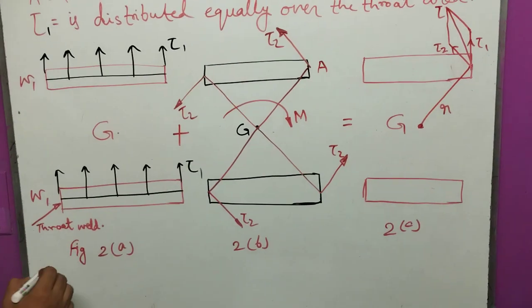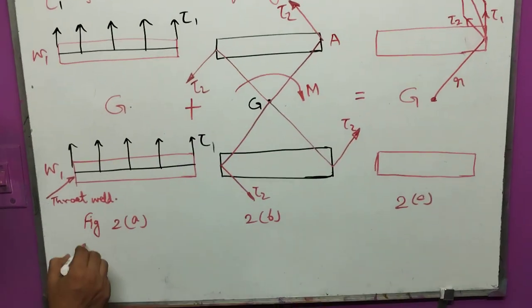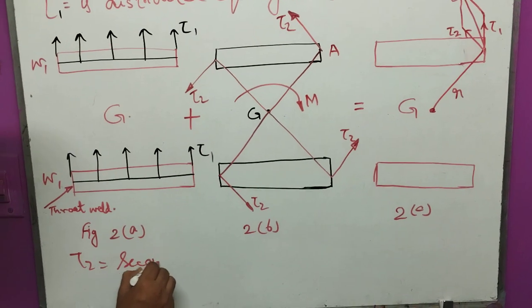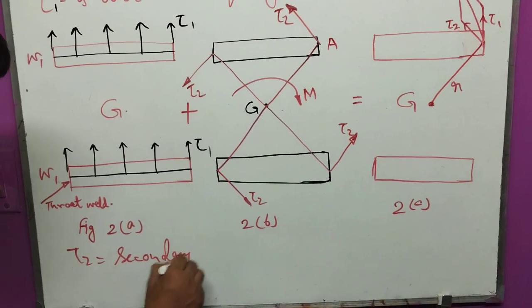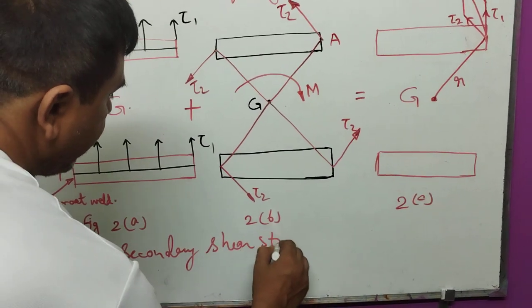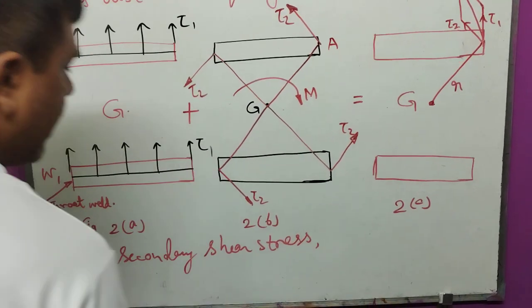Therefore, tau 2, from figure 2B, is the secondary shear stress.